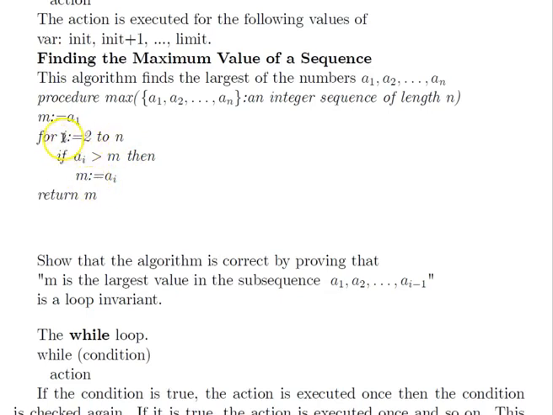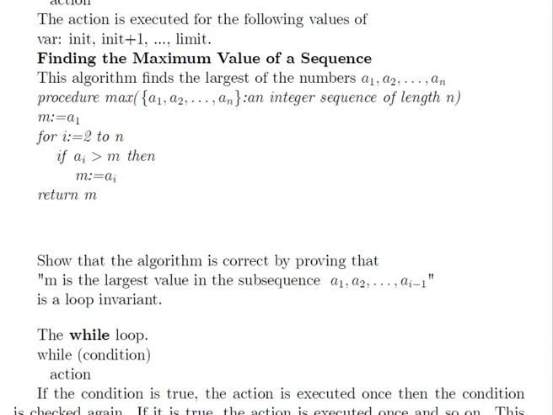After the action of the for loop is executed for I equals 3, in n we'll have the largest value of A1, A2, A3. So this statement is a loop invariant because it is kept true for each I from 2 to n. And at the end, we will have in n the largest value of the sequence.